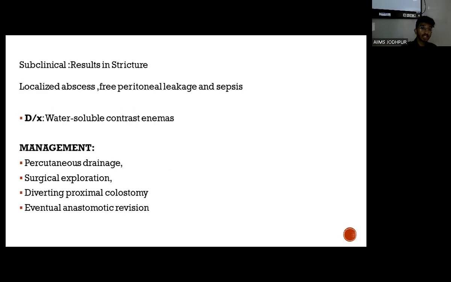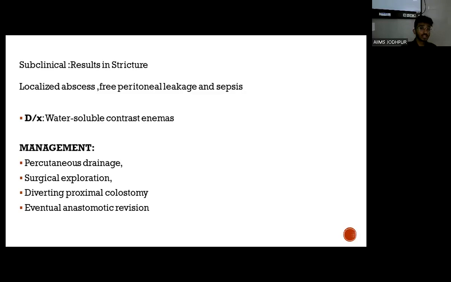If the leak is subclinical, it results mostly in strictures. Strictures, in other words, are in general a sequela of a leak which has occurred in the post-operative period. If it is clinically significant, it leads to localized abscesses, fistulas, peritoneal leakage, and also sepsis.